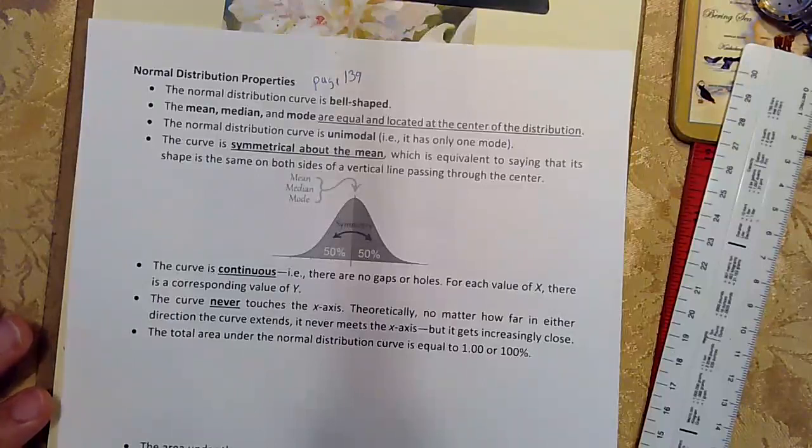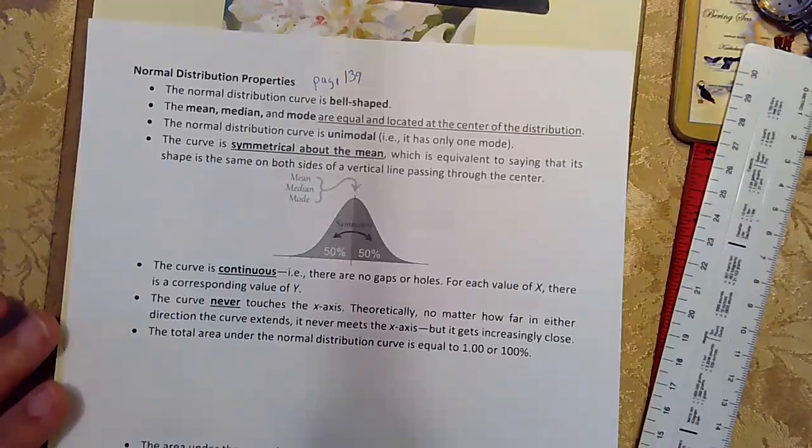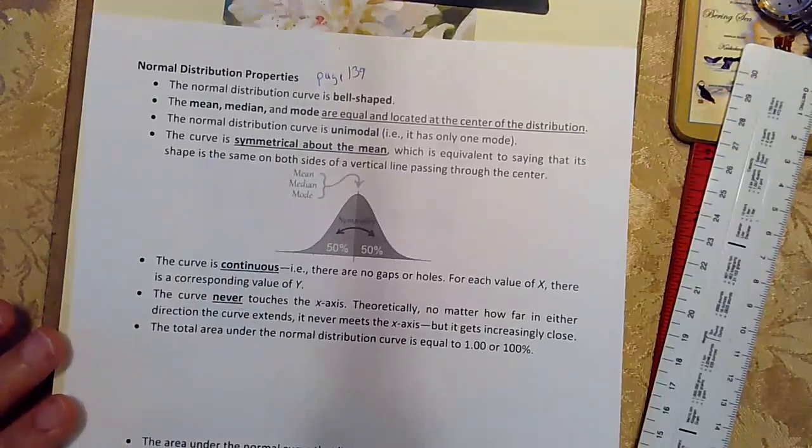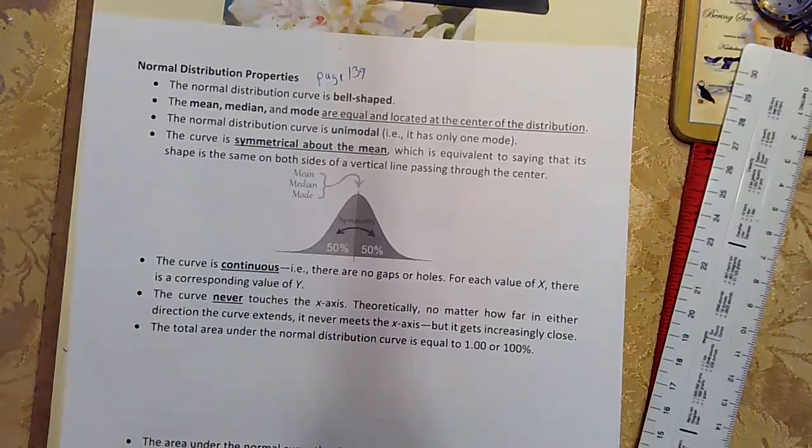The curve is symmetrical about the mean. And some of the problems we'll be doing in section 6.2, the applications, we'll be making use of that. In the problems, you'll say, because it's symmetrical, you can assume the z value is the absolute value of that, or the opposite.